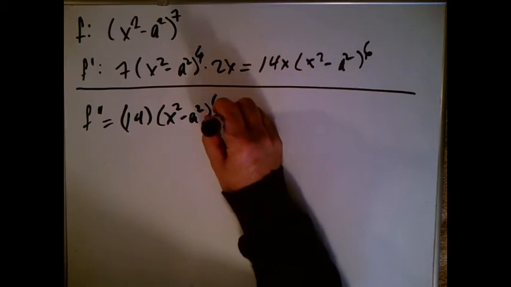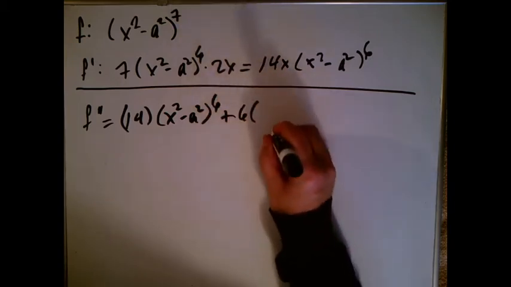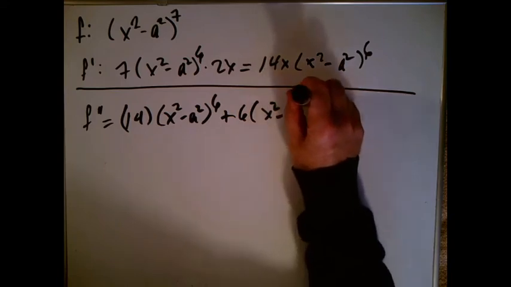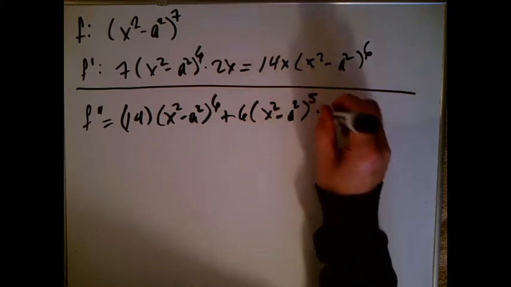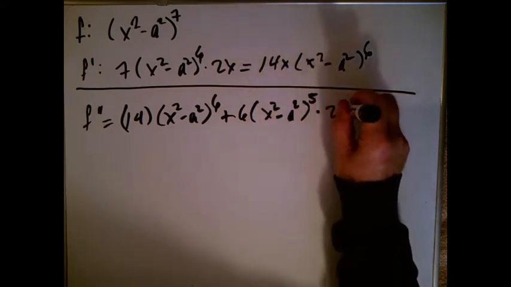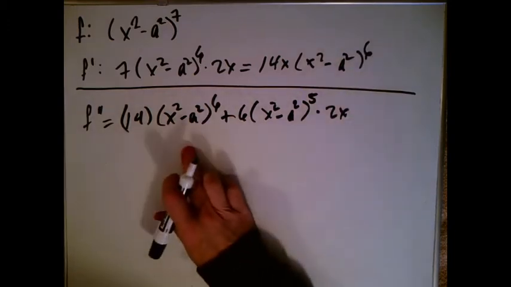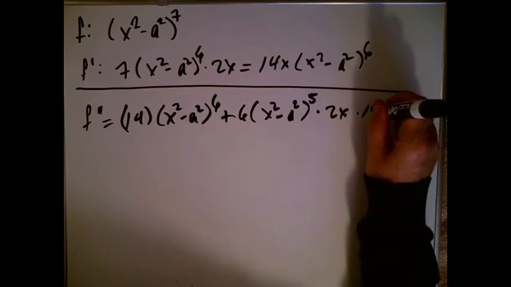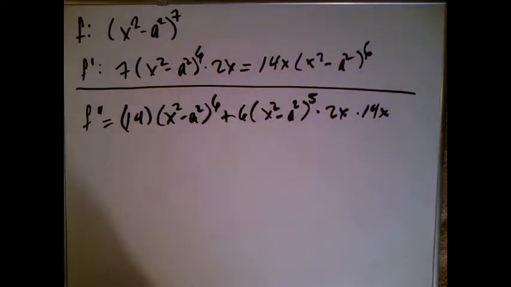So I'm going to go 6 times blob to the 5th times the derivative of the inside. So it's the derivative of the first times the second plus the derivative of the second times the first. I'll get like that.